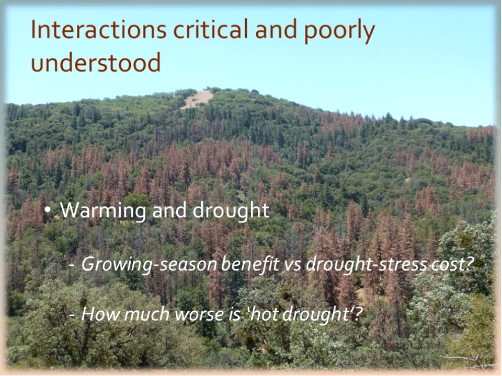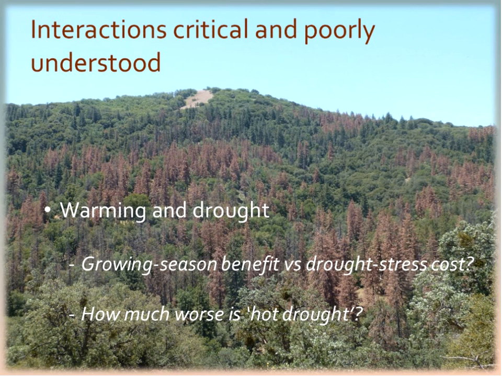Well, when things warm up, there's a lot of individual trees that can benefit from that, from a longer growing season, a longer period to accumulate carbon. But if it's coupled with longer, more severe droughts, we don't really know exactly how that trade-off works for most tree species.